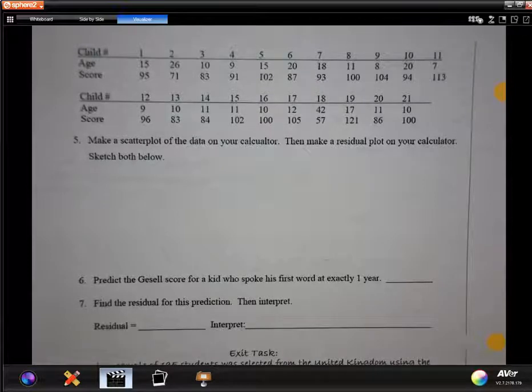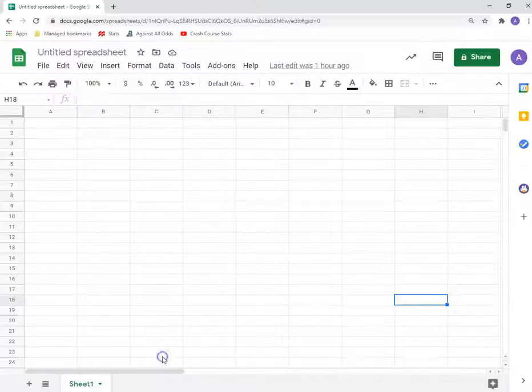All right. So on the back side, we're going to make a scatter plot and a residual plot. So if you have your Chromebook and you feel like following along, the scatter plot, honestly, I feel like you guys are really good at them. And then the residual plot, we talked about yesterday, but it might be a nice little reminder to see it again.